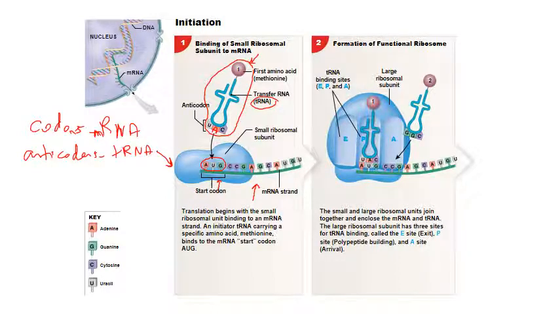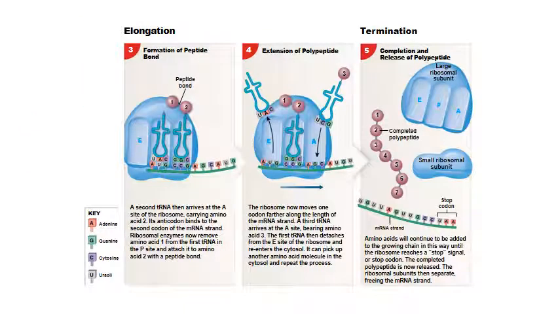Right, so UAC on this tRNA matches with the AUG. And then another tRNA comes in. So now, again, the codon and the anticodon have to match. But when each tRNA comes in, each one brings an amino acid. So here on the next slide, we see how the amino acids are getting attached to each other.